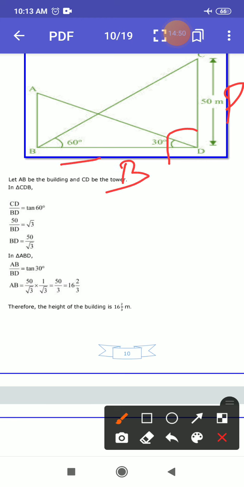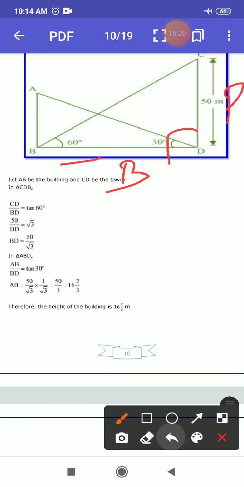So what is the formula of perpendicular upon base? As you usually know, this is tan theta, so you use tan theta here. Tan theta is equal to perpendicular upon base, so CD upon BD, and theta is 60, so tan 60 is equal to CD upon BD.